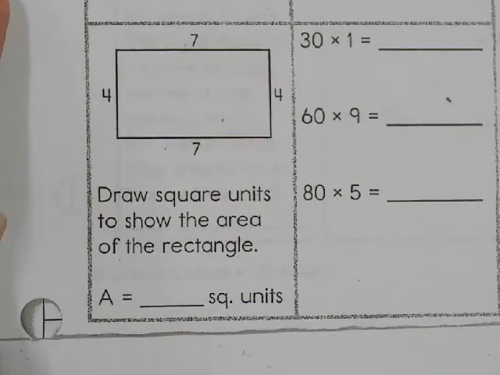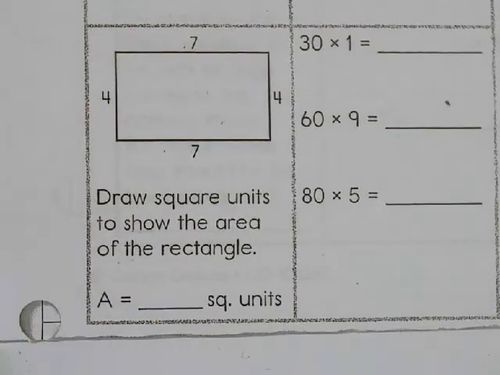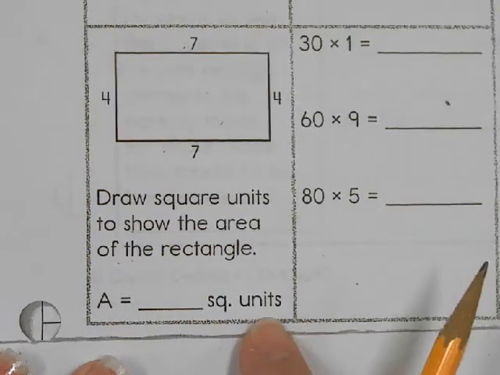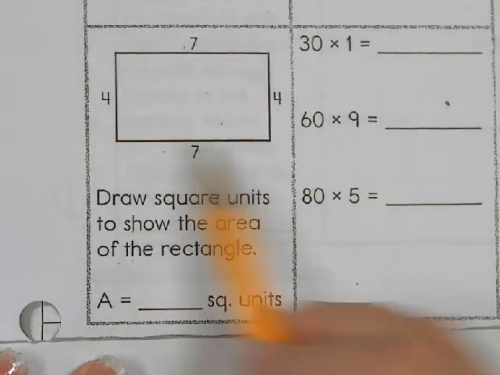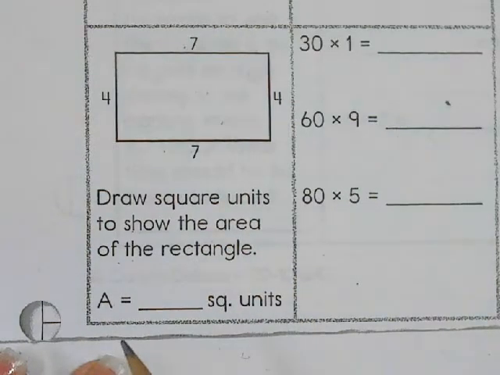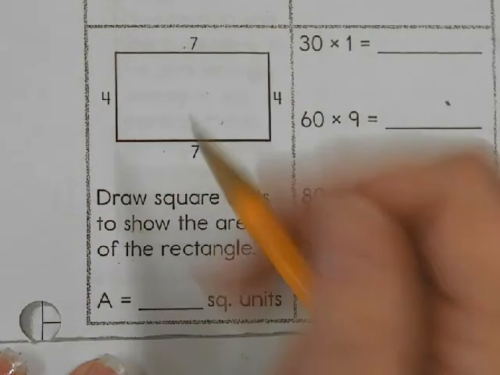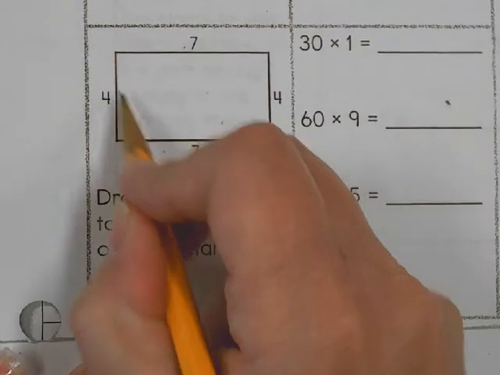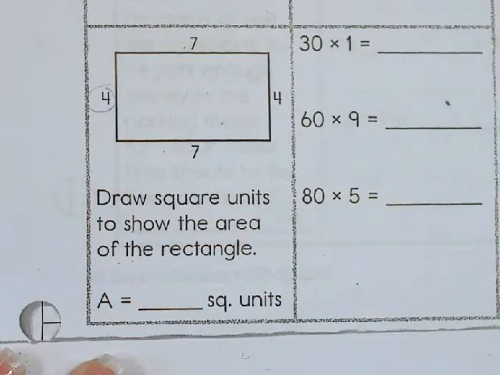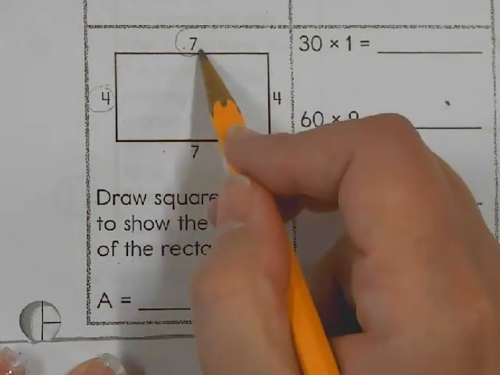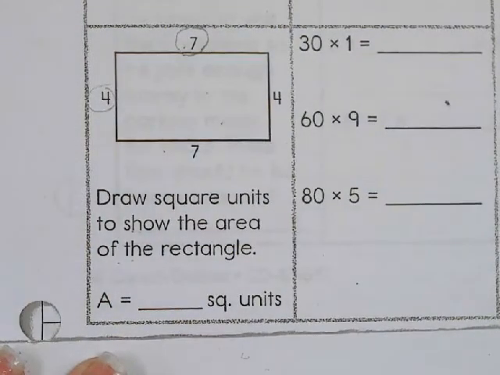which is a quadrilateral. For this quadrilateral, they want us to tell what the area of the rectangle is. That means how many square units of space does this rectangle cover or represent? So if we remember, the 4 tells us how many rows we have, and the 7 tells us how many columns we have.